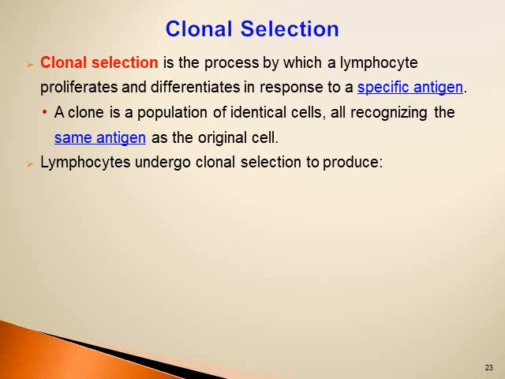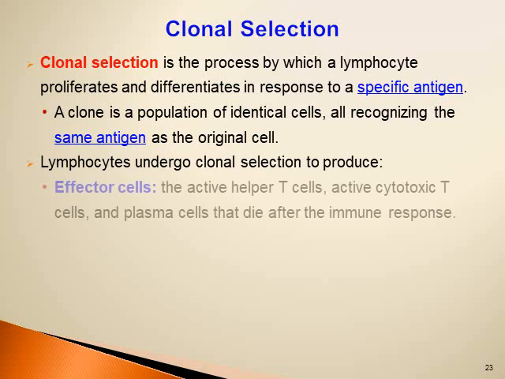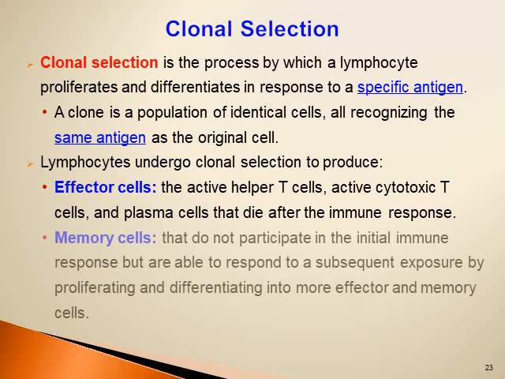Lymphocytes undergo clonal selection to produce effector cells, the active helper T cells, active cytotoxic T cells, and plasma cells that die after the immune response.